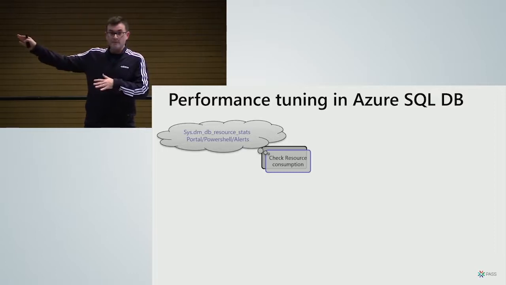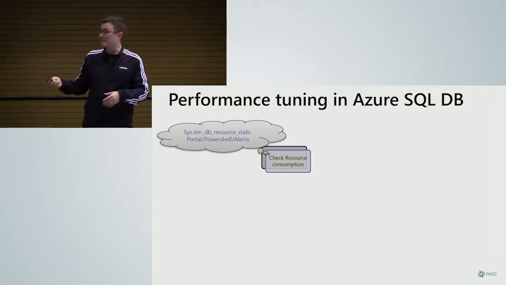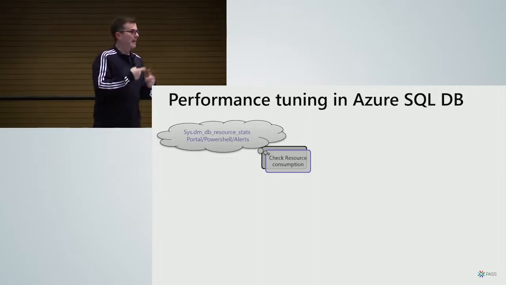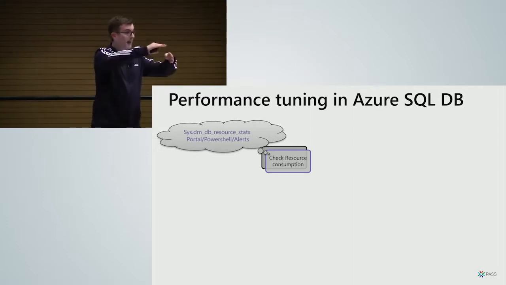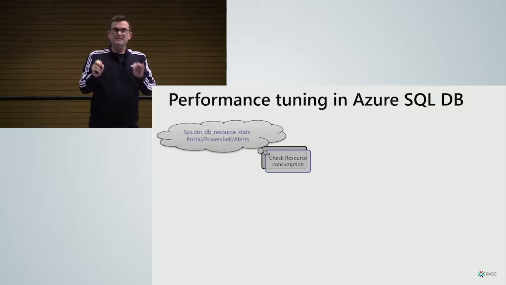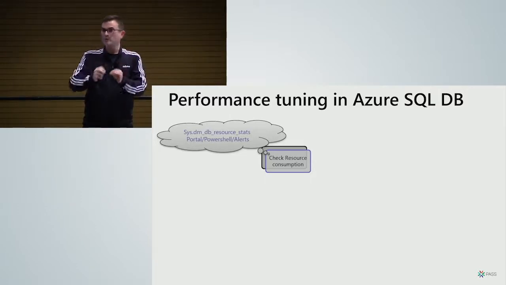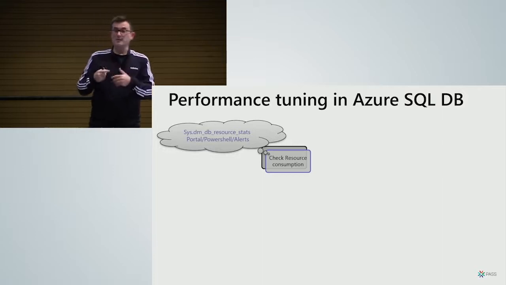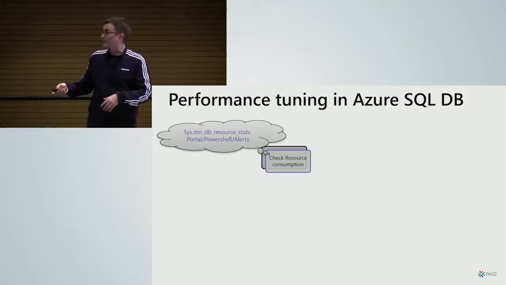If you like dynamic management views, you can use them. So there's sys.dm_db_resource_stats. You're going to see this in a few different demos. And you check the resource consumption, because if anything is running hot, if anything is running in the 80s up to 100, or it's flatline, totally pegged out, that's the beginning of the discussion. You want to troubleshoot based on that. If I'm saturated on CPU but not I/O, that's a different discussion than an I/O discussion.